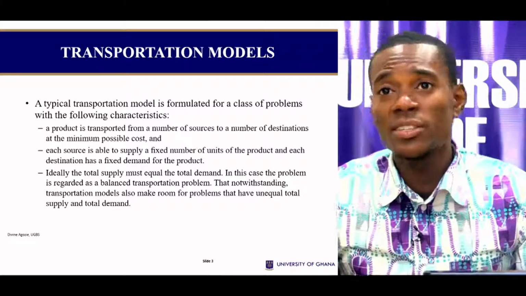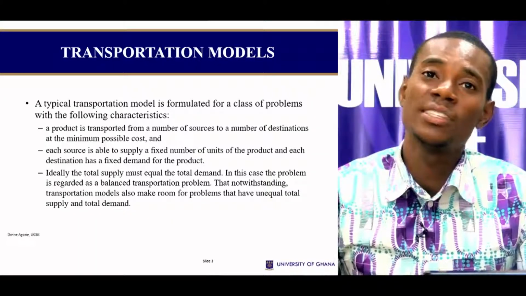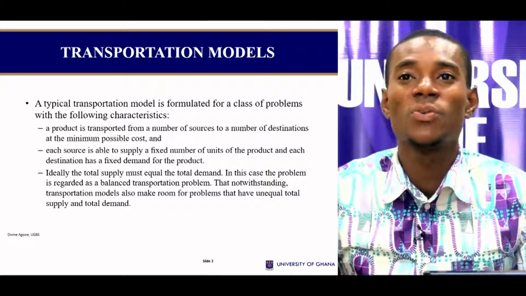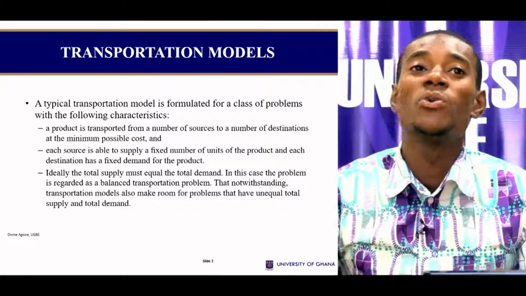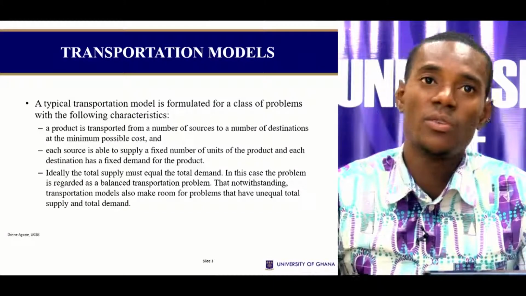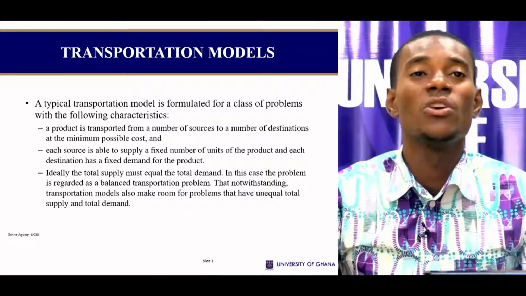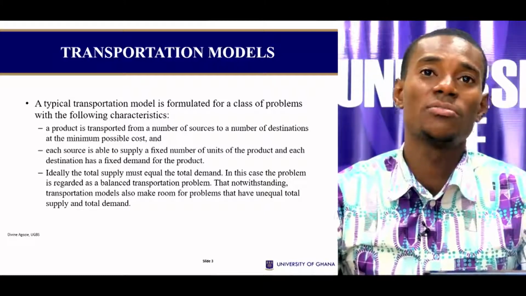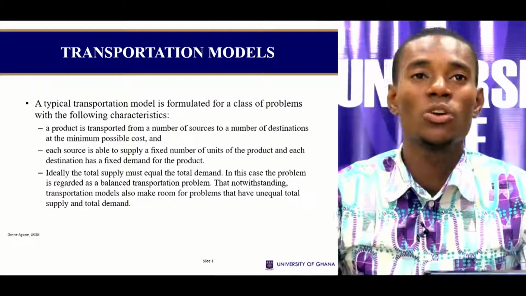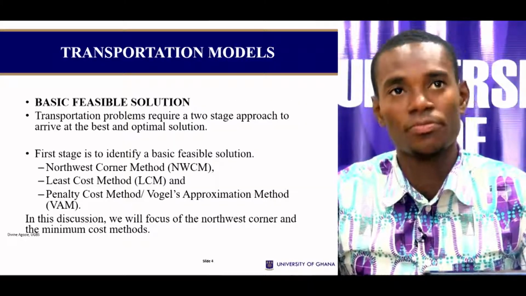There could be instances where your demand exceeds supply or your supply exceeds demand. In that case, we have an unbalanced transportation problem, and we can deal with both as well. But for the purposes of this study, we'll mainly look at balanced transportation problems, and we'll also walk you through how we deal with unbalanced ones.